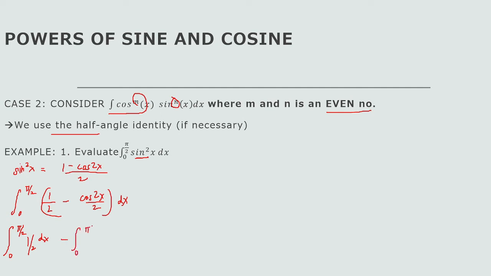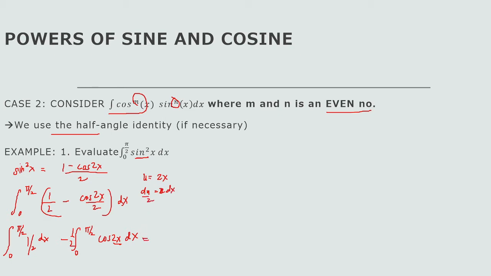Okay, therefore, that's from 0 to pi over 2, 1 over 2 dx minus from 0 to pi over 2, 1/2 and cosine 2x dx. So to integrate cosine 2x dx, let u be 2x. du is equal to 2 dx. Therefore, du over 2 is dx.